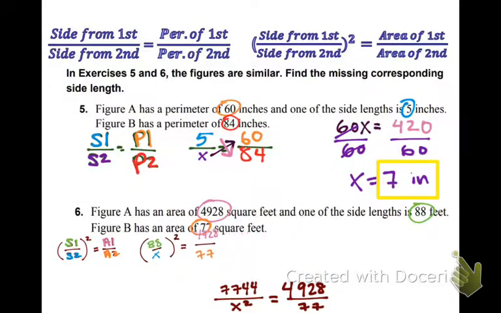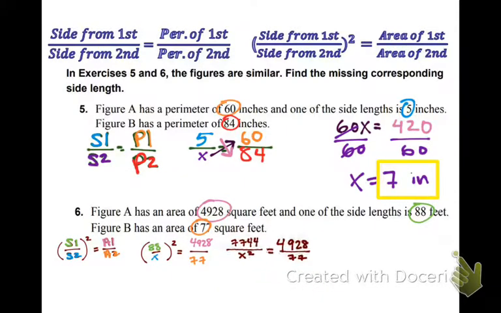So we'll do this direction. X squared times 4,928 is 4,928 x squared.